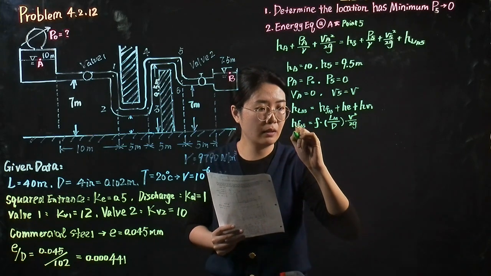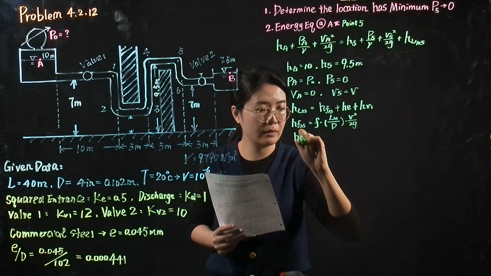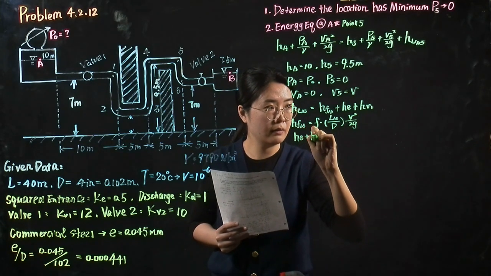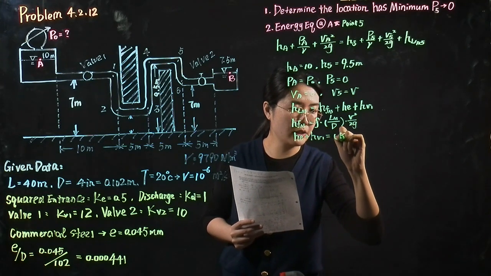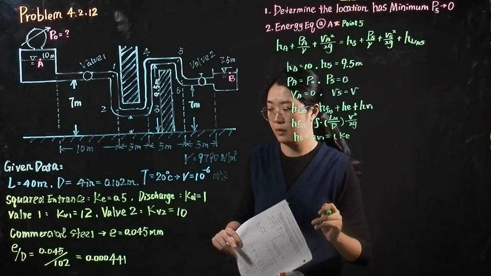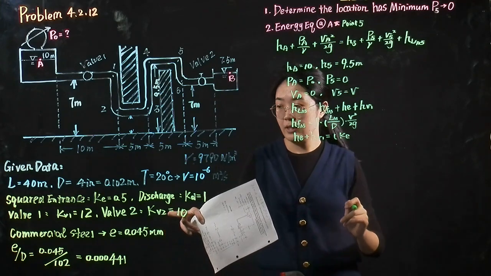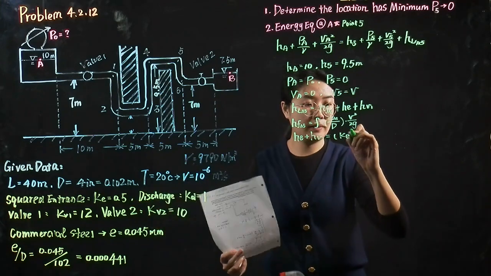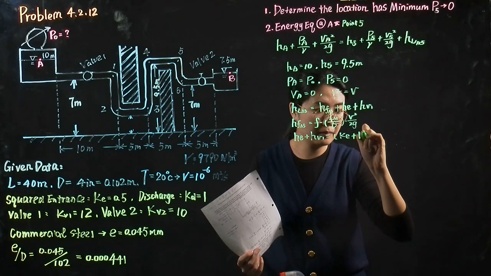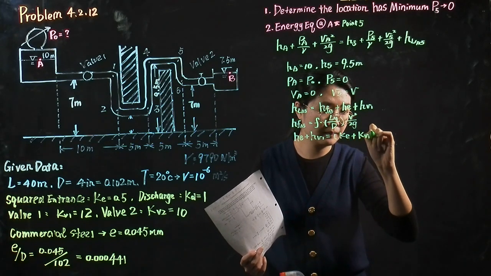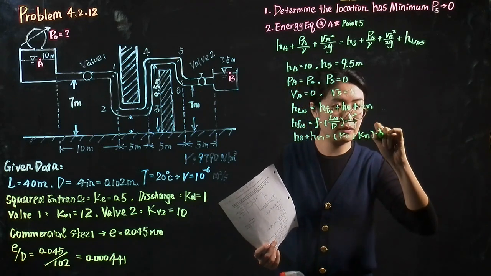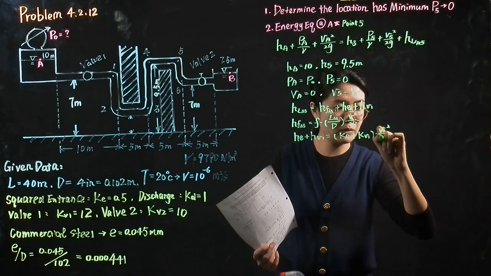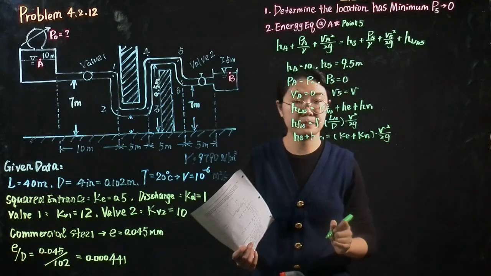The minor loss equals their coefficient, which is represented here, times V squared over 2g.